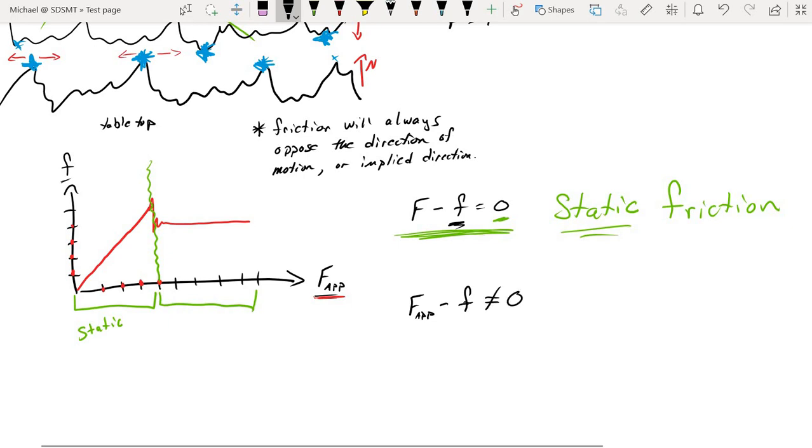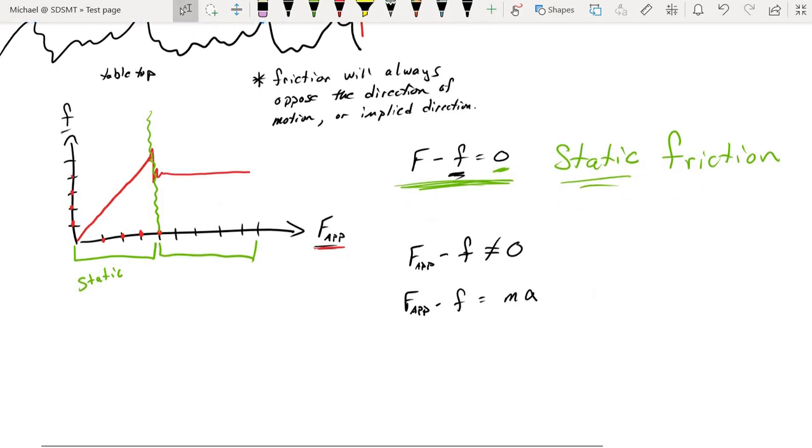It cannot equal 0 if we start to move, because we've gone from a static state to a moving state. And the only way you can do that is if you change your velocity, so there has to be some kind of acceleration involved, which means we could take the difference in our forces and set it equal to ma.